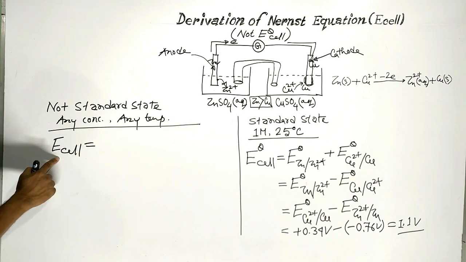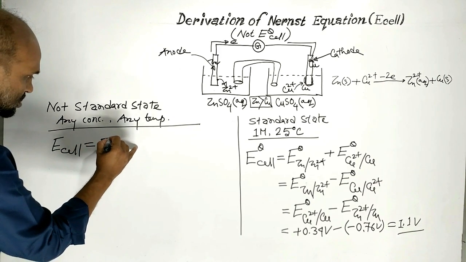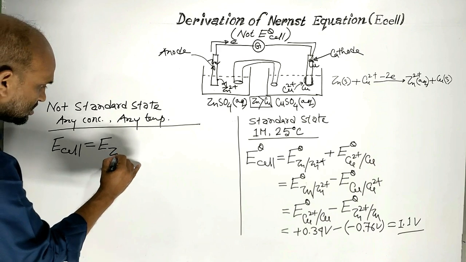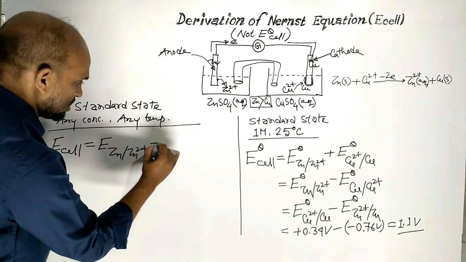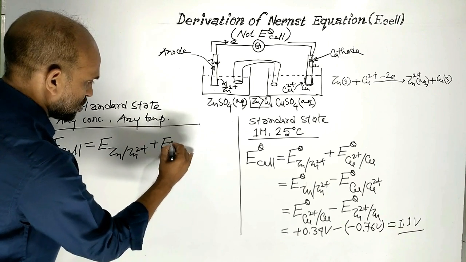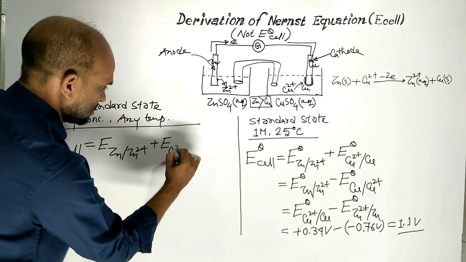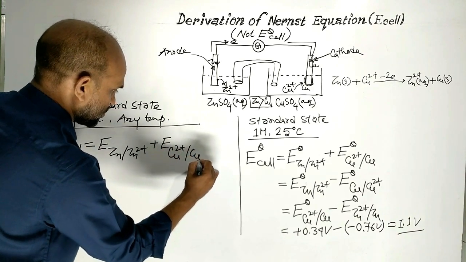Non-standard state cell potential in this way: non-standard state oxidation potential of anode plus non-standard state reduction potential of cathode.